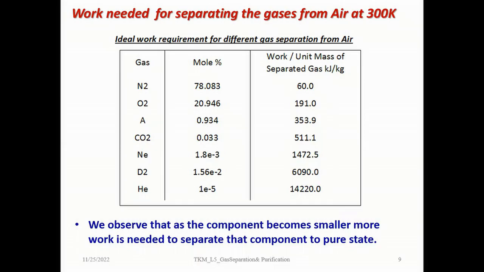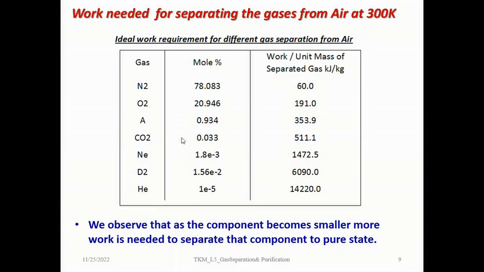For nitrogen, the molar percentage is 78.08 and the work requirement is 60 kilojoules per kilogram. For oxygen, which is 20.946 mole percent, the work requirement is 191. For argon, which is 0.934 mole percent, the work requirement is 353.9. And for carbon dioxide, which is 0.033%, the work requirement is 511.1.